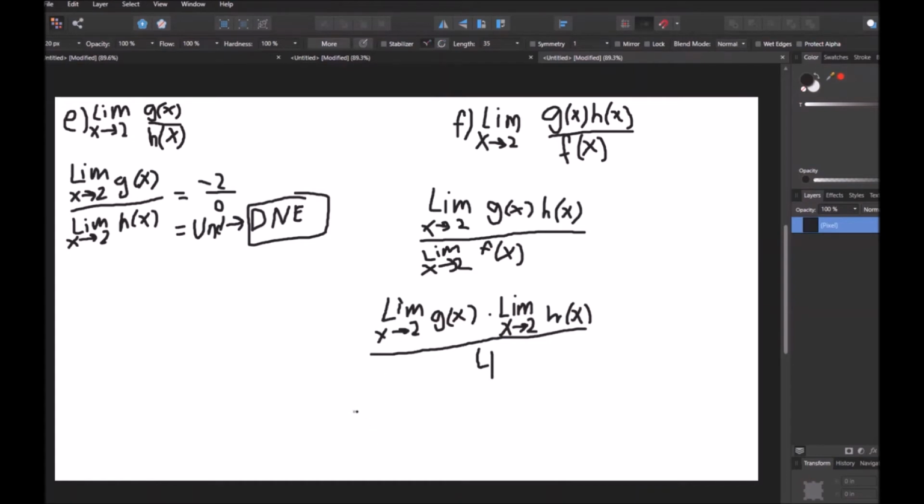Then the limit as x approaches 2 of g of x is -2, and the limit as x approaches 2 of h of x is 0, and that's going to be over 4. So what we have is -2 times 0 over 4. -2 times 0 is just 0, so we have 0 over 4, which is just 0.